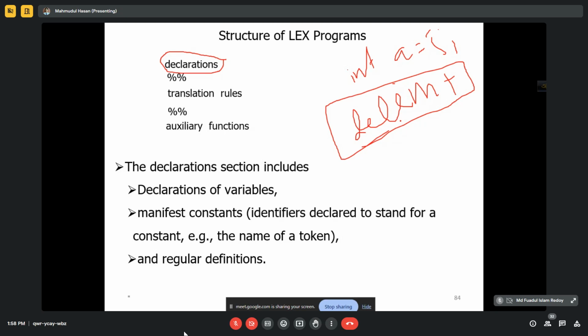We can use a name to contain this one, like a variable declaration. So WS indicates delim plus. Suppose number: number indicates the regular expression for number. These types of declarations are done here.